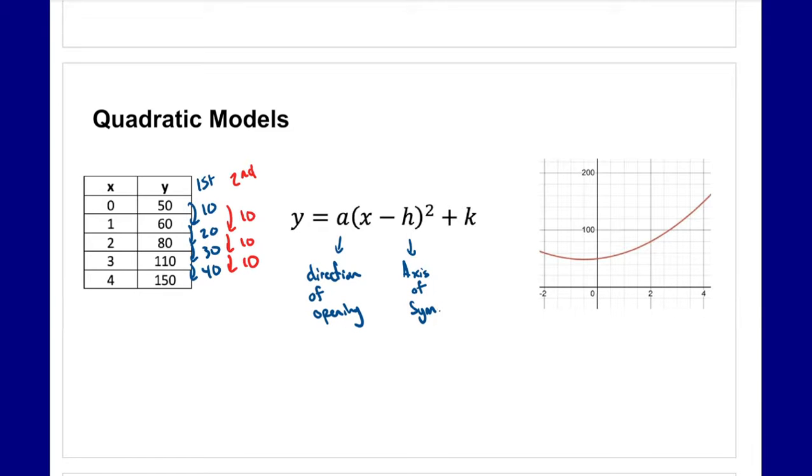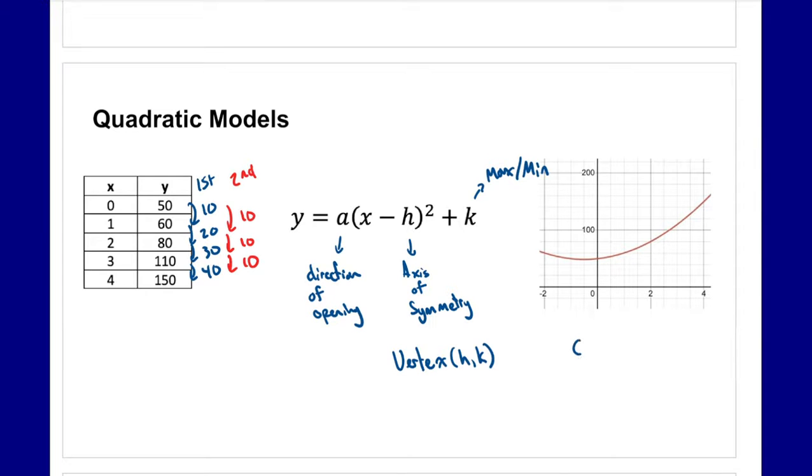So that halfway point or an invisible line that kind of cuts our quadratic in half. And the k value tells us our maximum or our minimum. Together, the h and k give us our vertex or that highest or lowest point.